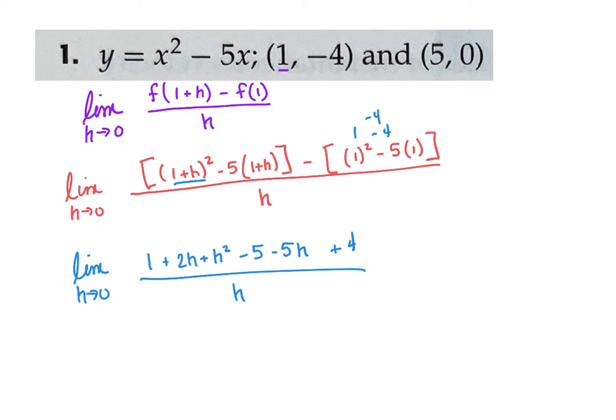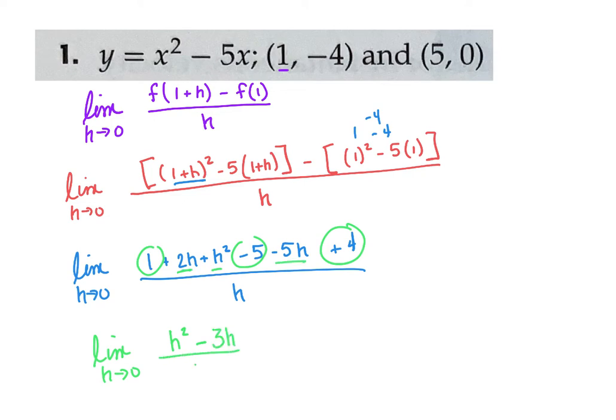Then I'm going to simplify again. I have 1 minus 5 plus 4. What happens there? 1 minus 5 plus 4. It zeroes out, right? So then I have h squared, and 2h. We'll do h squared first. Minus 2h minus 5h is minus 3h.